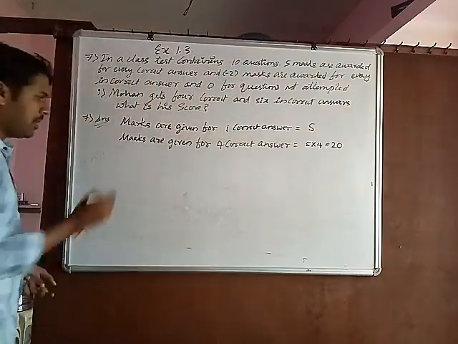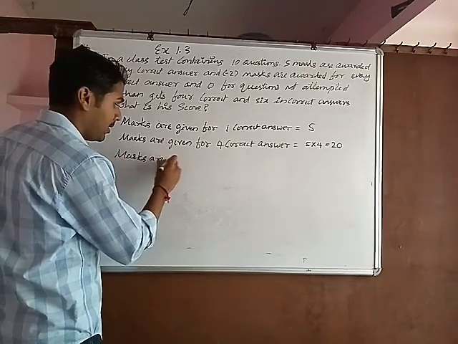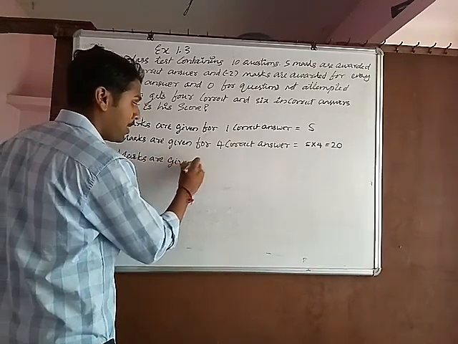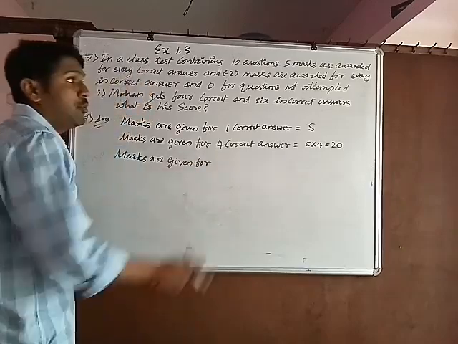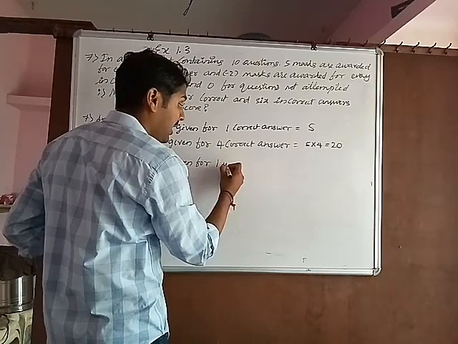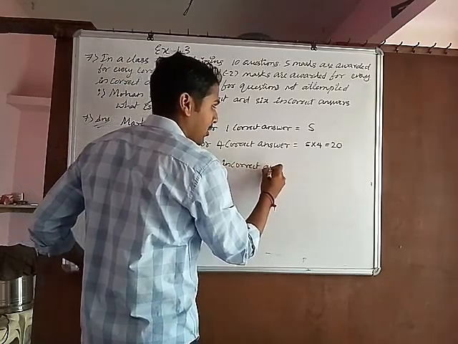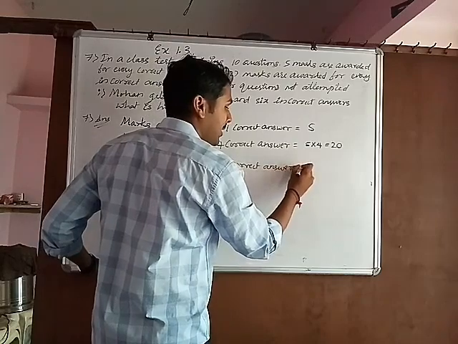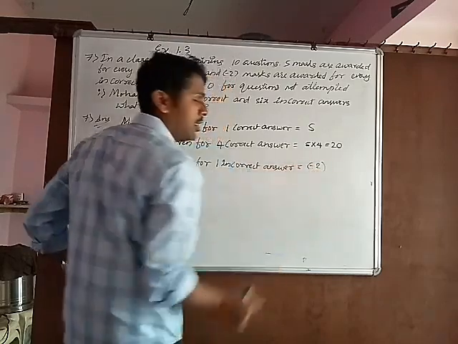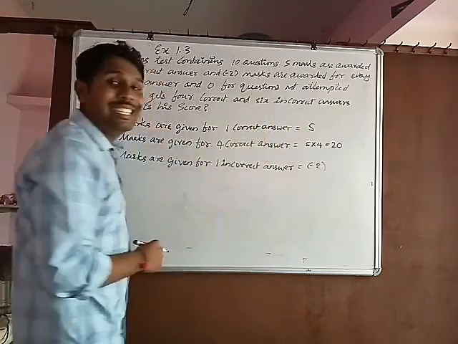So next, marks given for 1 incorrect answer, that is minus 2. So next, how many incorrect answers? 6 incorrect answers.